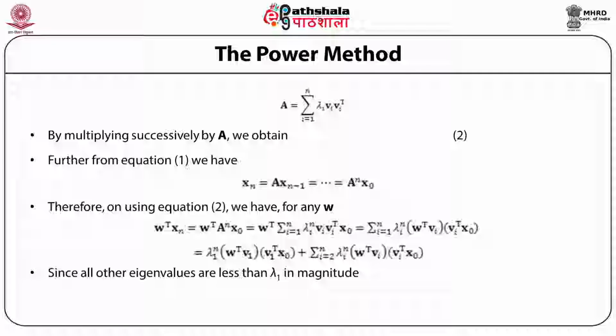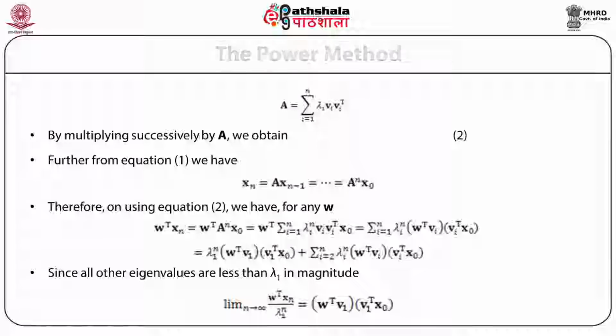Since all other eigenvalues are less than lambda 1 in magnitude, the limit as n tends to infinity of w^T x_n divided by lambda_1^n equals w^T v_1 times v_1^T x_0.